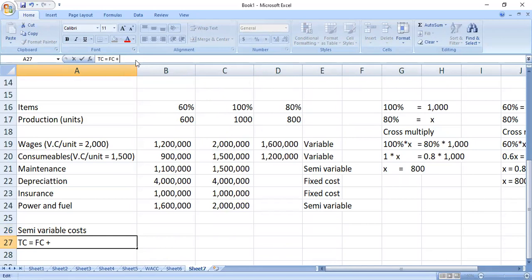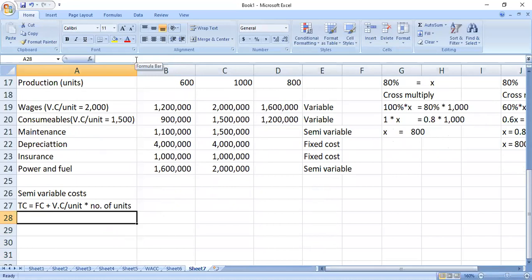The variable component is given by the variable cost per unit times the number of units, or the level of activity. That's a semi-variable. So whenever you're given double information like the way it is here, you're supposed to use the high-low. Remember our high-low method?